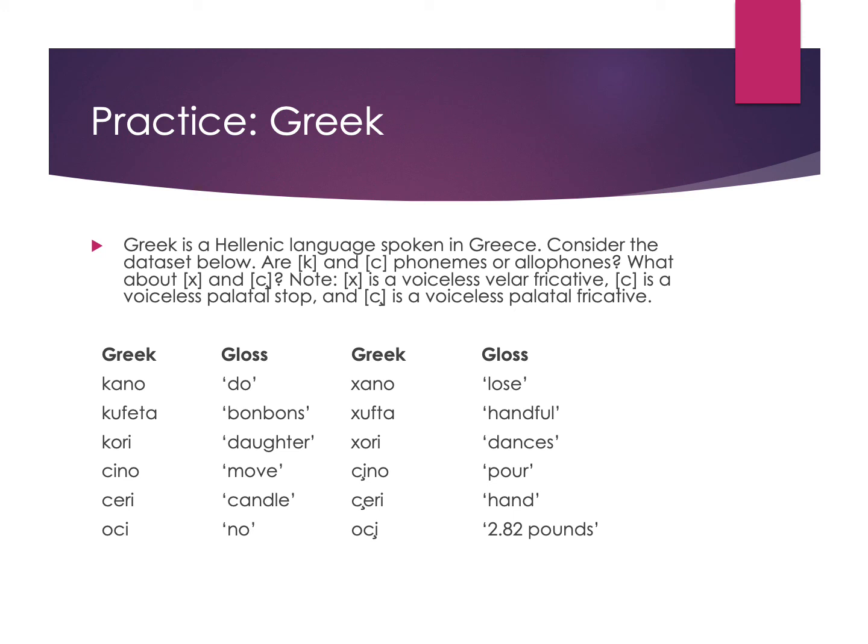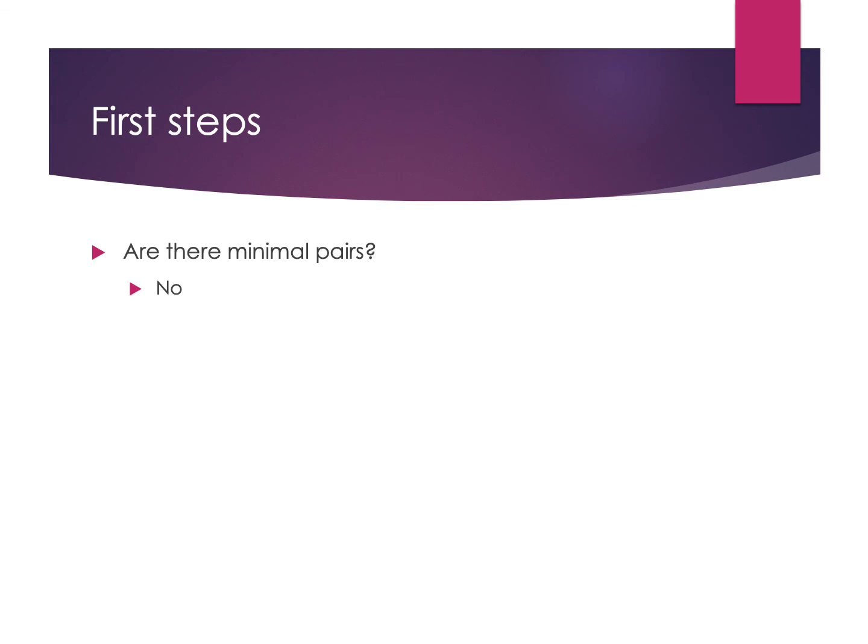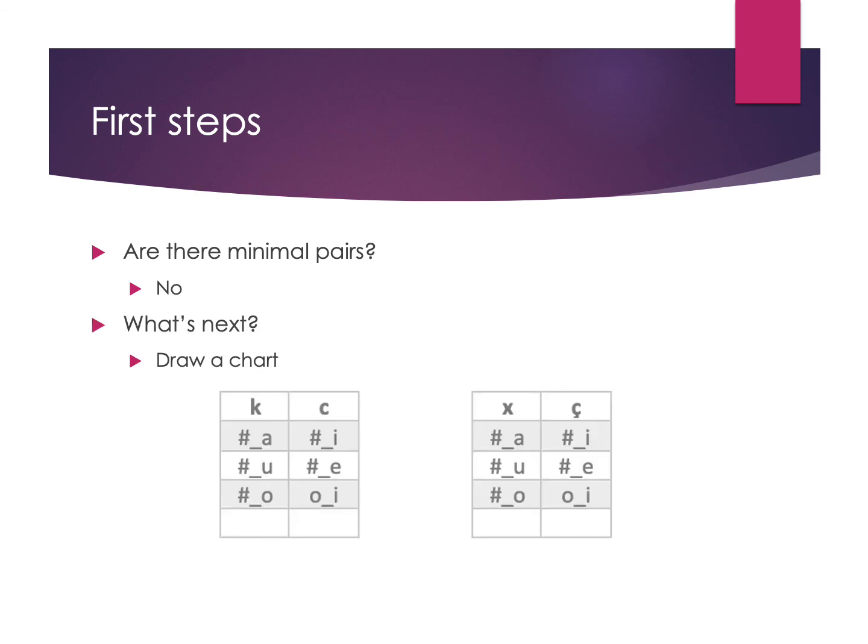And then if we look at the second column with x and our hooked c, again, you'll notice the same thing. So our first step is, do we have minimal pairs? We don't. So the next step is going to be to draw a chart. So when we draw that chart, it's going to end up looking like this. So you take the k and the c, and you put them into a little 2-column chart.